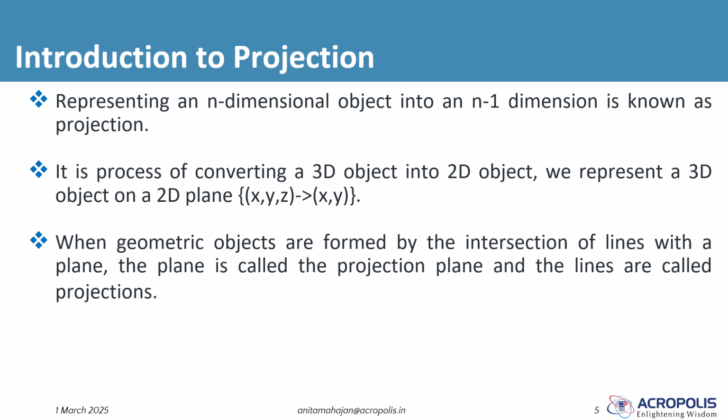It is the process of converting a three-dimensional object into a two-dimensional object. We represent a three-dimensional object on a 2D plane, with x, y, z coordinates represented as x, y. These geometric objects are formed by the intersection of lines with the plane, which is called the projection plane, and the lines are called the projectors.